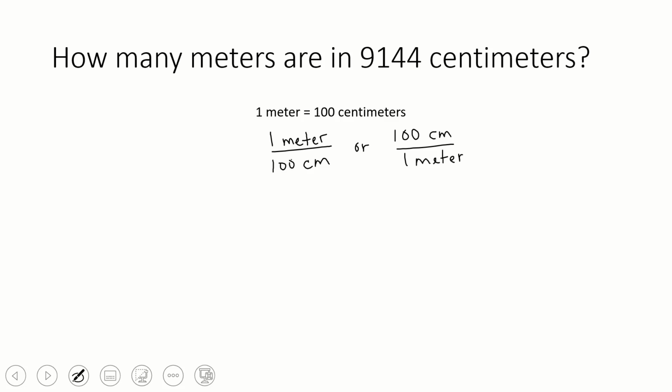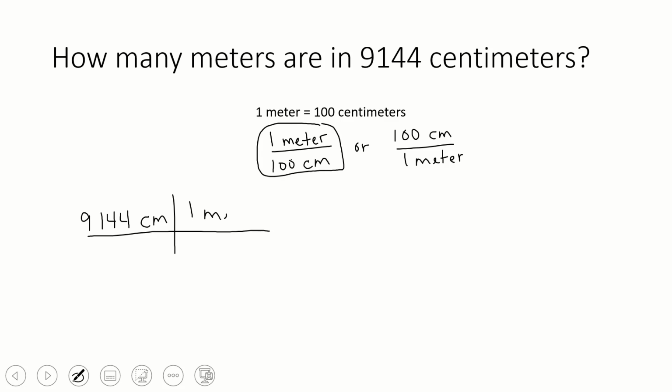Again, I'm going to start with the value that's given to me in the question that just has the single unit. So that would be the 9,144 centimeters. I'm going to multiply it by a conversion factor that has meters on the top and centimeters on the bottom. So this one right here.